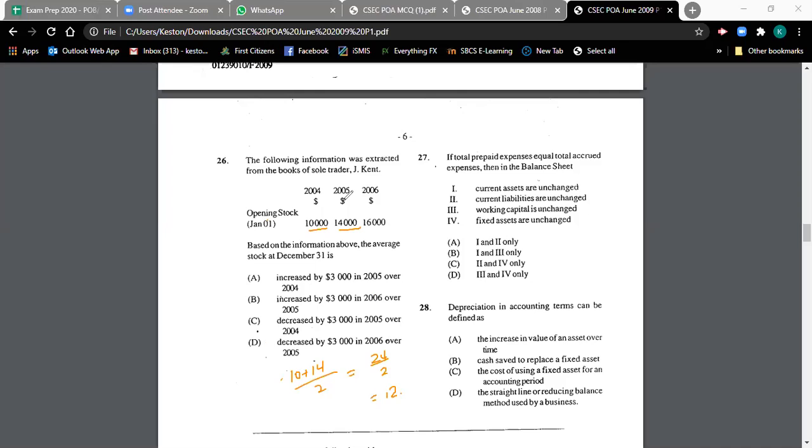And then if I look at what happened in 2005, 14 and 16, that's 30 divided by 2 is 15. So yes, it did increase from 12,000 to 15,000. So Shania is correct.